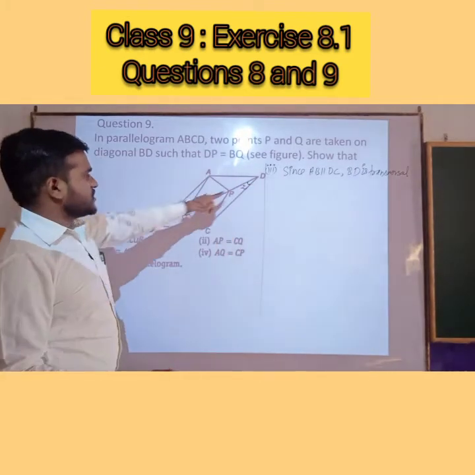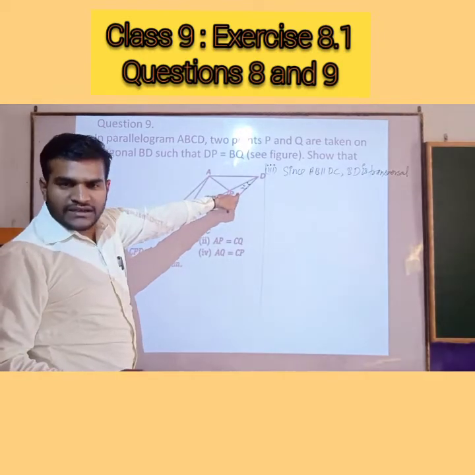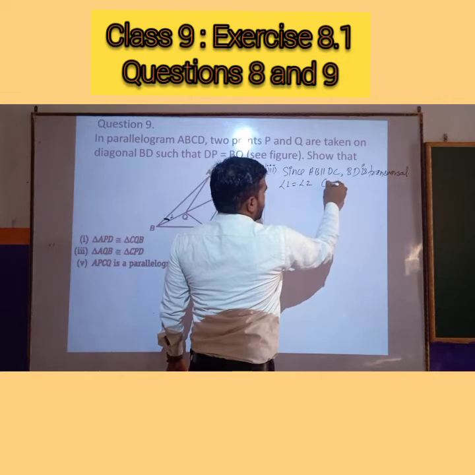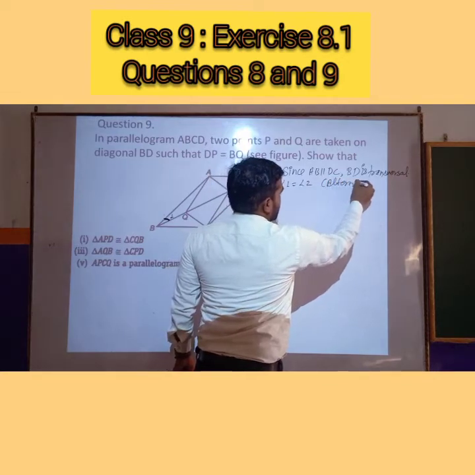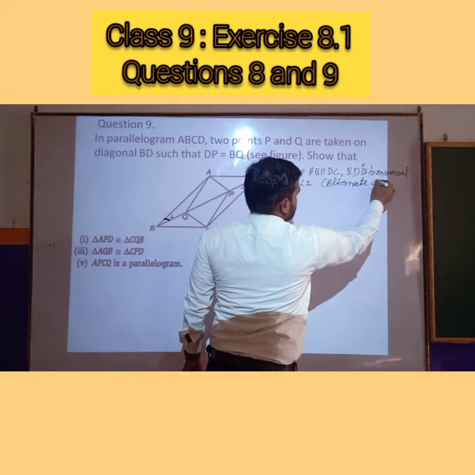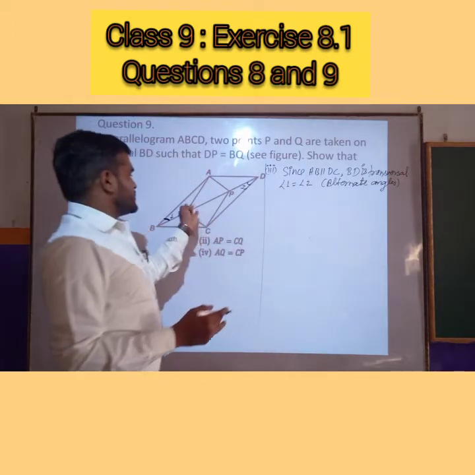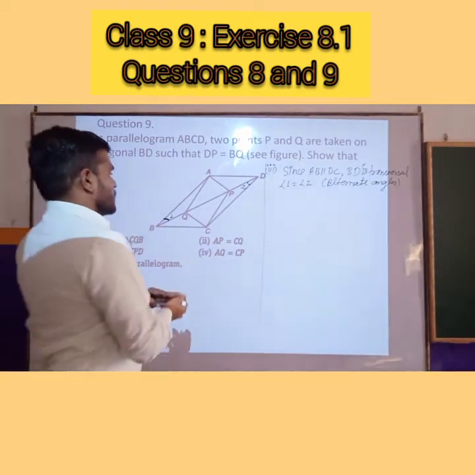So angle 1 is equal to angle 2 by alternate angles. By alternate angles, these two angles are equal.